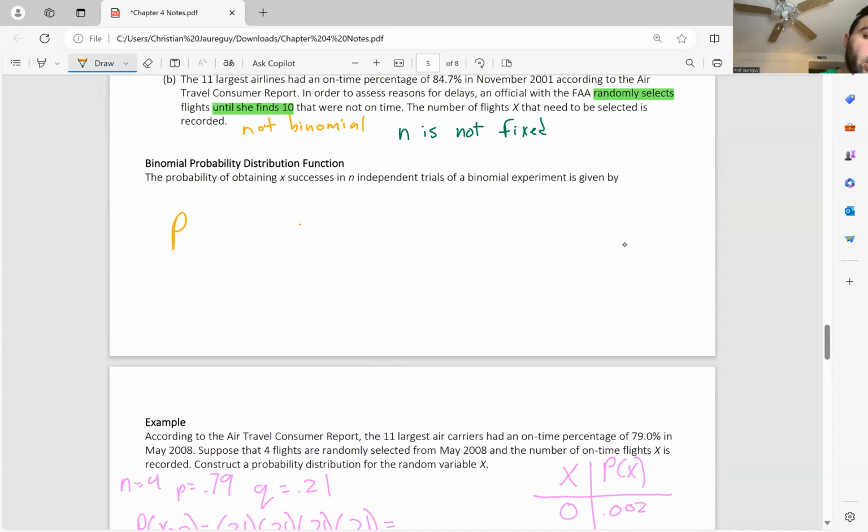The probability that big X equals some number of successes, 0, 1, 2, 3, is going to be the combination N choose that number, times P to that number, that's the number of successes, and then Q to the N minus the number.